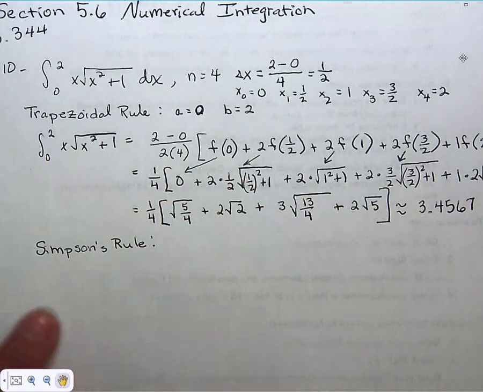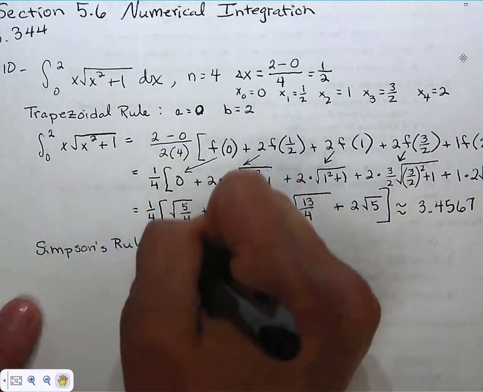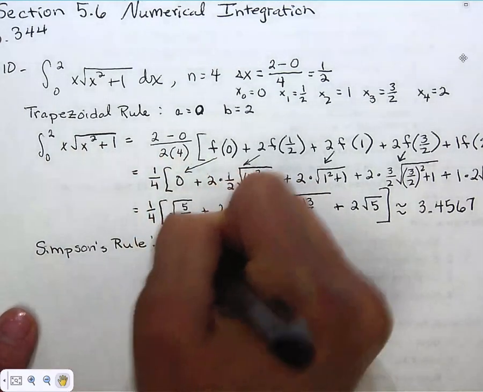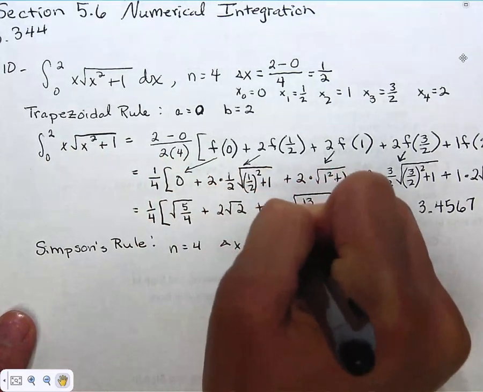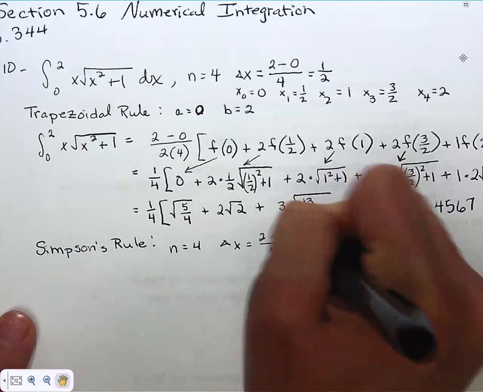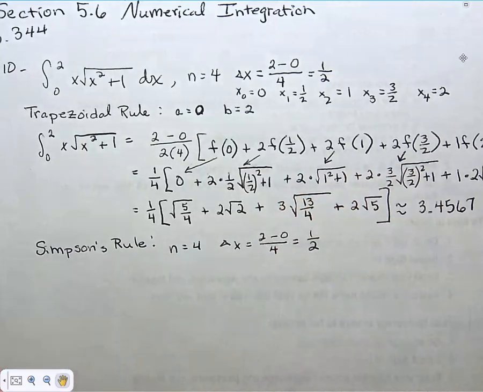The width of each individual rectangle is still b minus a over n. We're still going to use a half. And we're still going to use the same x0, x1, x2, x3, x4, so I'm not going to write those down again.